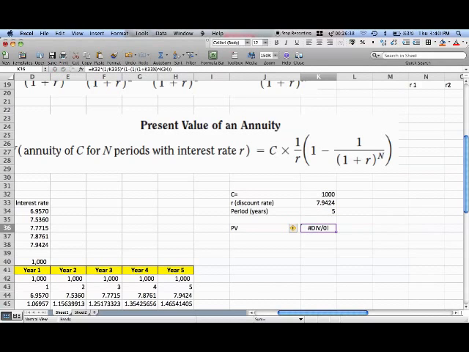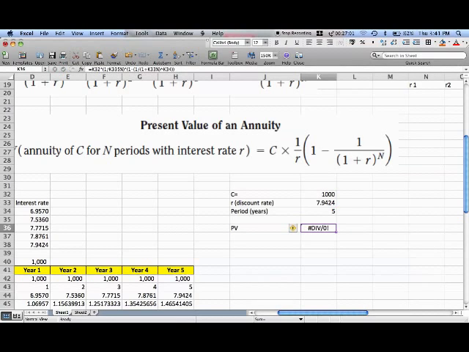Okay, let's see what's going on. Oh, this one I need as a percentage.